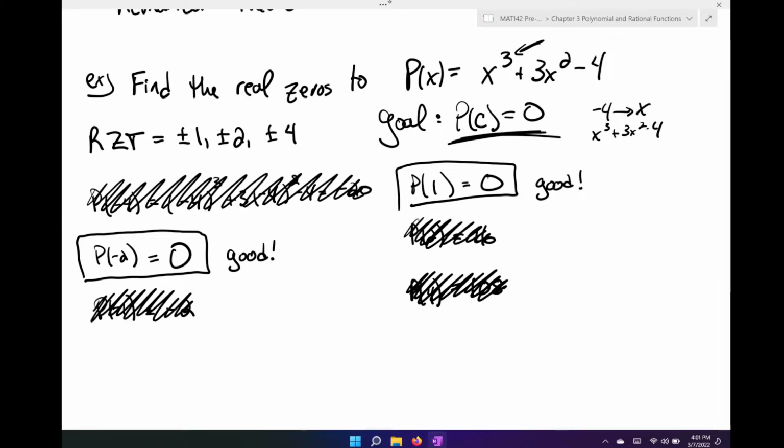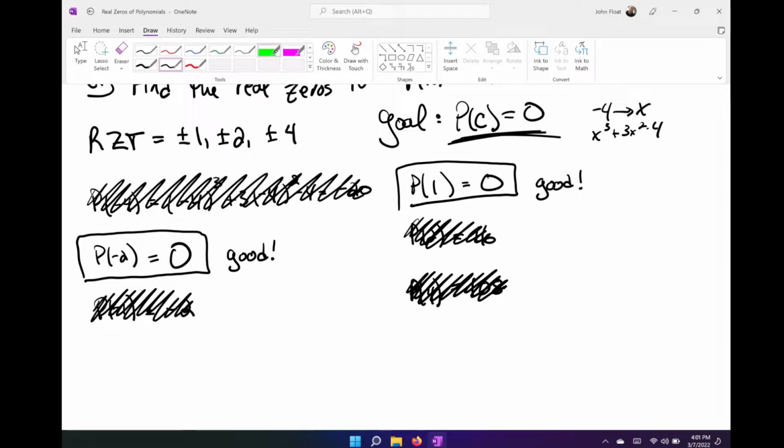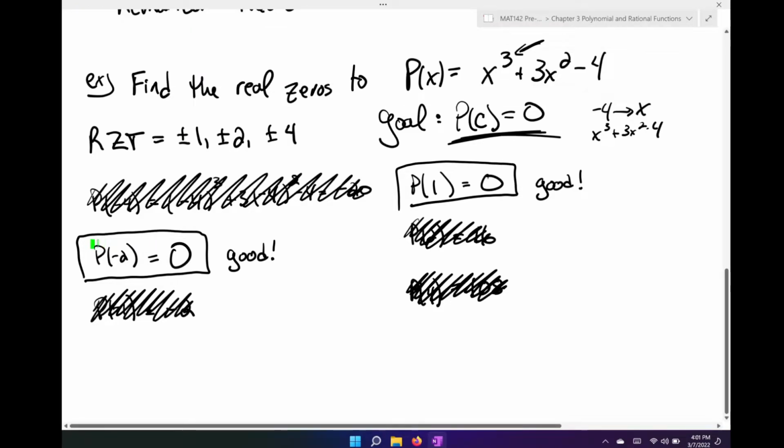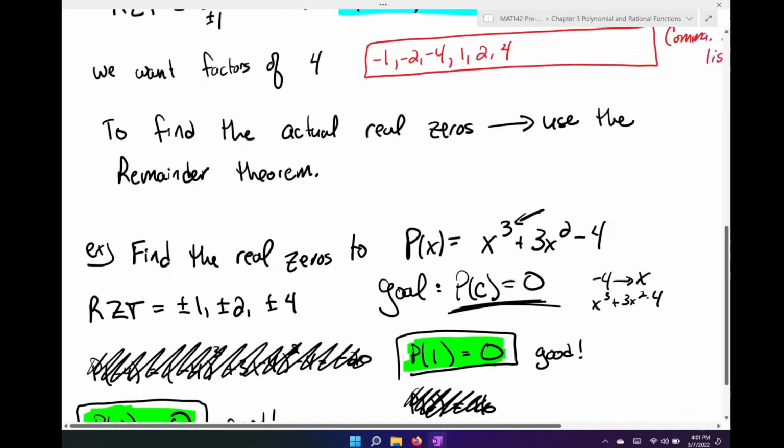So far, and I'll highlight it for us in this nice green color, so far, we've only found p of negative 2 equals 0 and p of 1 equals 0. In other words, even though this polynomial says we should get 3, we only found 2. And that is going to go all the way back to the definition of what we're doing. So let me scroll up real fast.